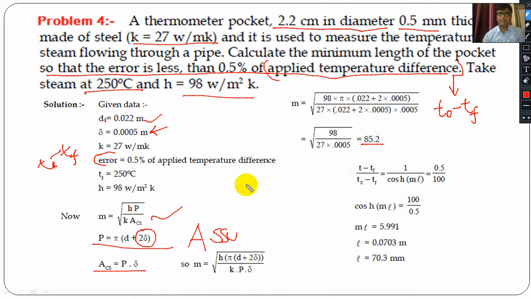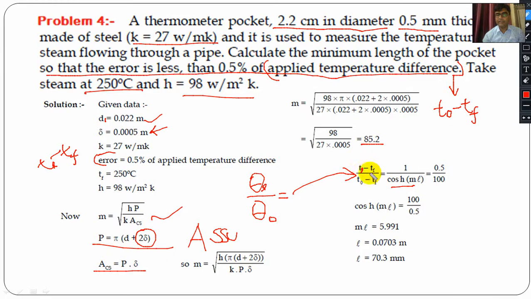Now what is the concept? This is theta naught, and this is theta L. Theta L over theta naught must be equal to 1 by cos hML. Clear? So theta L, written as TL minus TF upon T naught minus TF, is equal to 1 upon cos hML.